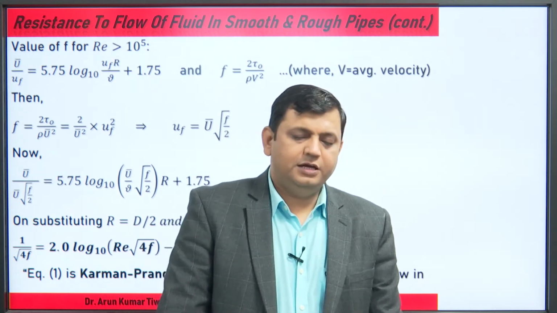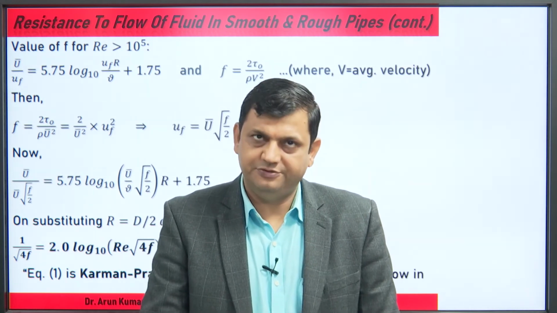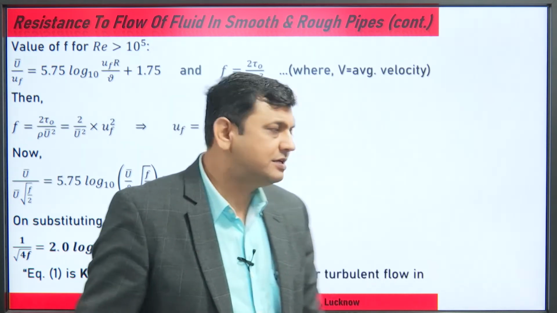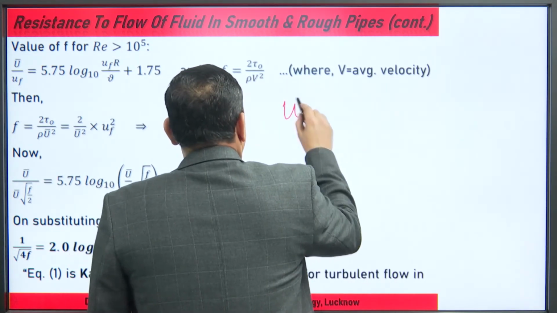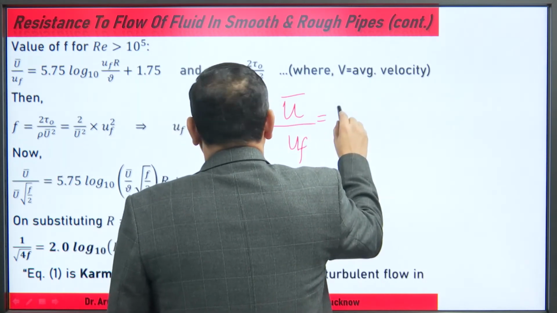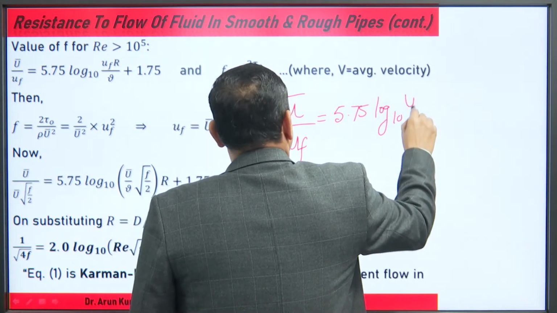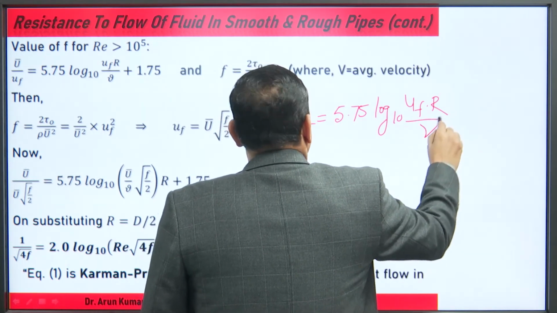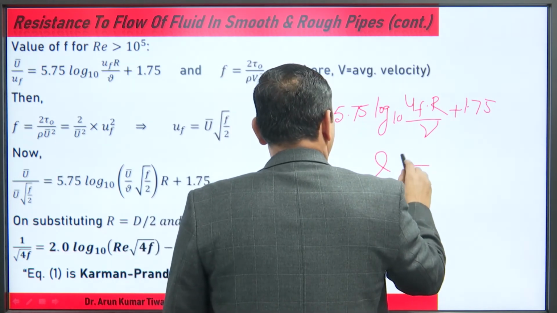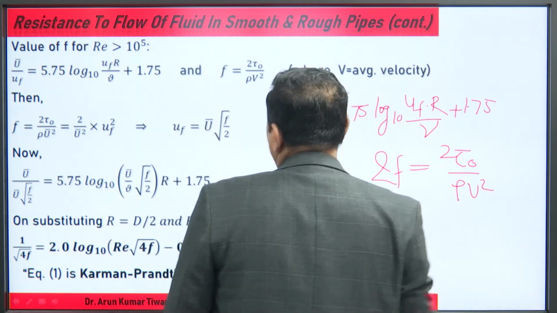If the value of the Reynolds number is higher than 10 power 5, then the average velocity upon shear velocity equals 5.75 log 10 of u into r, plus 1.75, which we already calculated. And what is the friction factor in terms of the shear stress, twice rho V square?